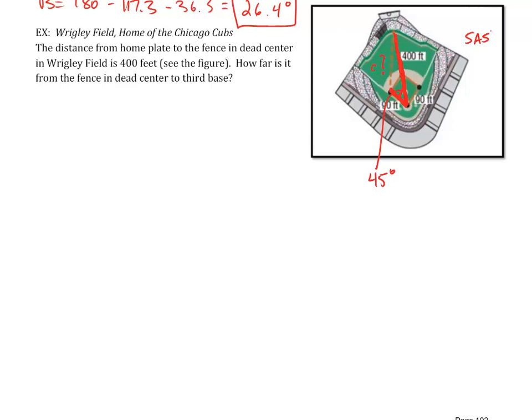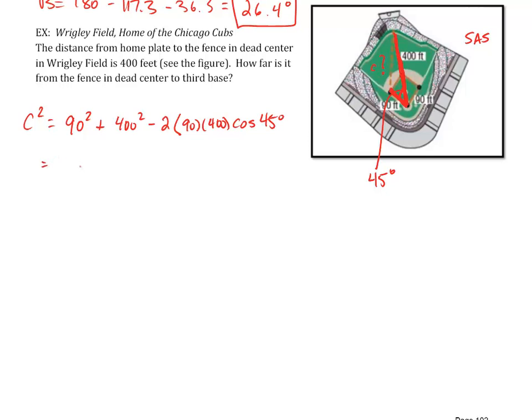All we got to do to figure out C is apply the law of cosines. So C squared would be equal to the length along, say, the third baseline, which is 90 feet, so 90 squared, plus the length all the way out to center field, which is 400 squared, minus 2 times 90 times 400, cosine of the angle between them, which is 45 degrees.